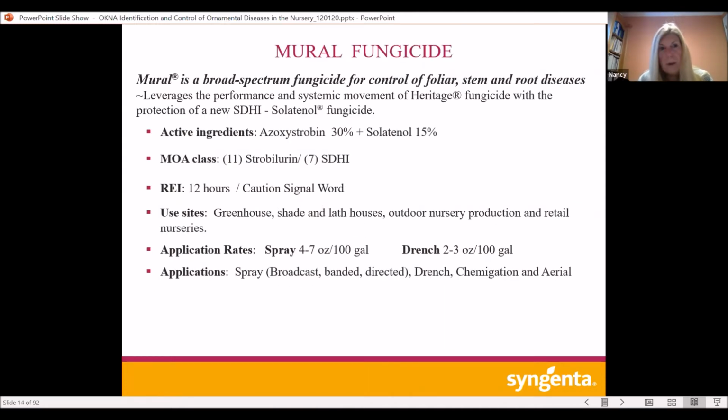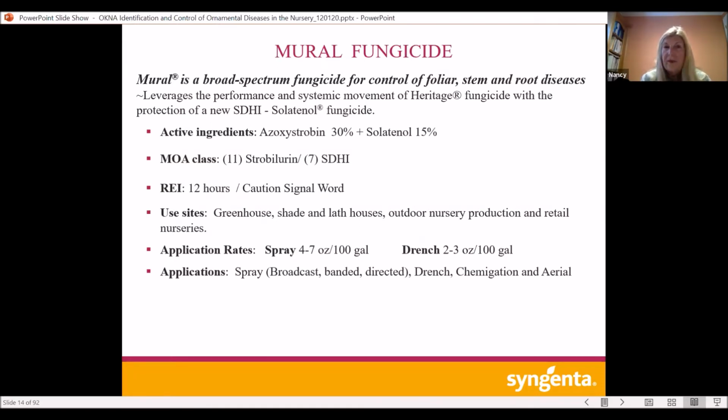We also have MURAL, and you may be more familiar with Heritage, but MURAL we brought out a few years ago. It's a broad spectrum fungicide that controls both foliar diseases as well as stem and root rots. It does contain the active ingredient azoxystrobin, which is in our Heritage product, but we added to it a very strong SDHI called solatenol.